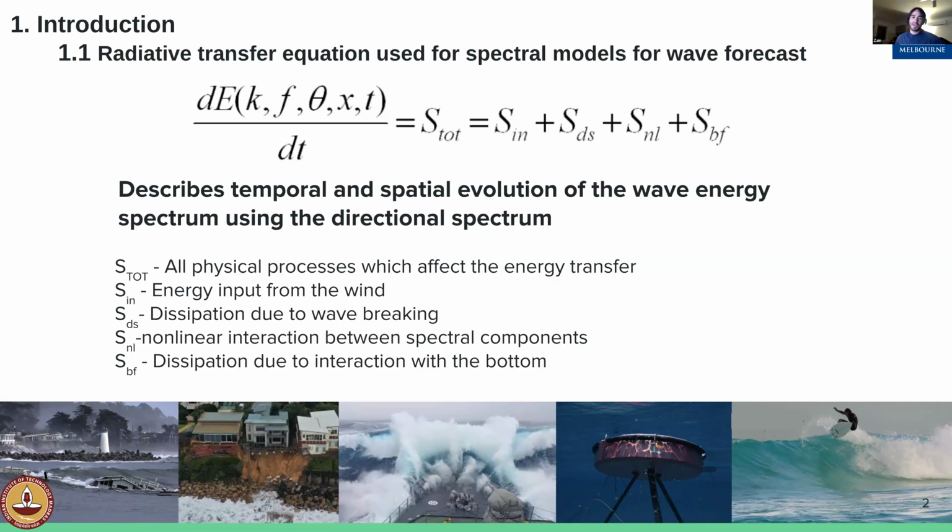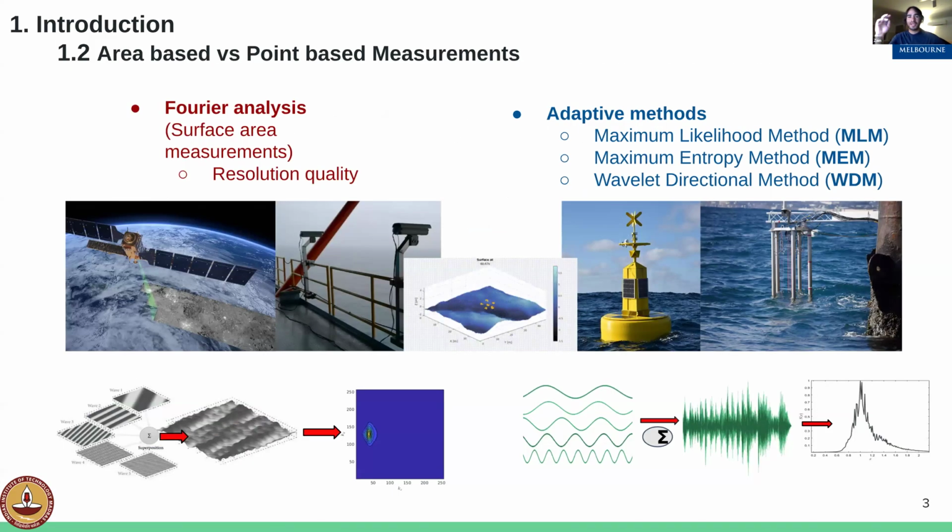How we measure them now, we can categorize into two broad categories: area-based measurements and point-based measurements. For the area-based measurements, we obtain them via remote sensors, right? Like satellites, radars, or cameras. But one of the main challenges with this approach is that the resolution of the measurements is not that good, either spatial or in time, and that limits the accuracy when estimating the directional wave spectrum.